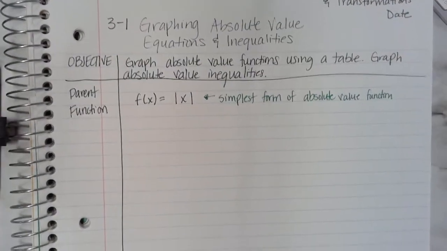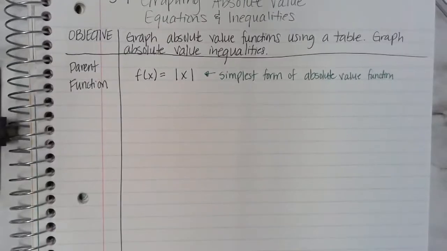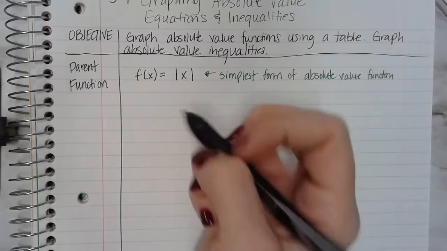And so we're going to take a look at the graph of this function. And so if I was to graph this, I would complete a table of values, and then I would plot the values on the coordinate plane. So I'm going to go ahead and make a table.